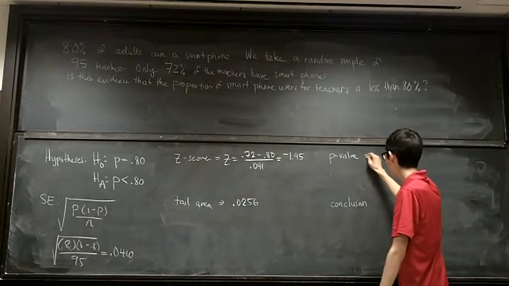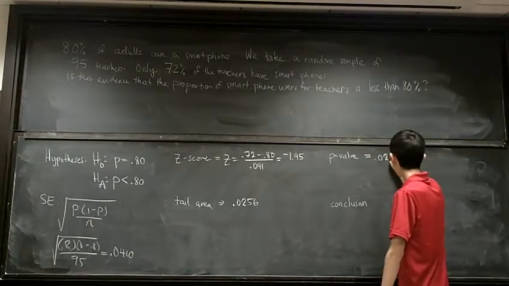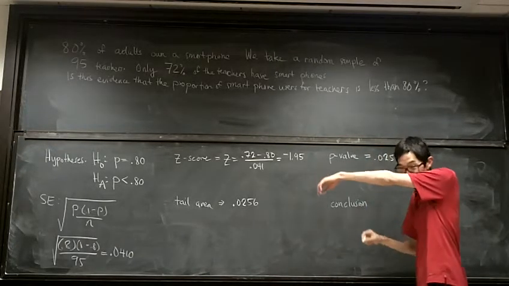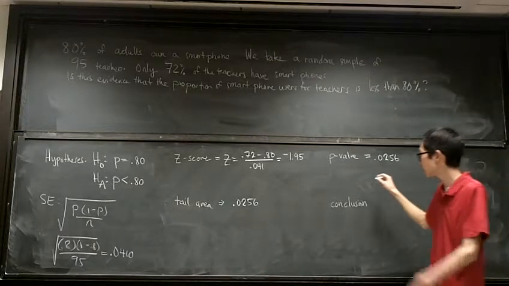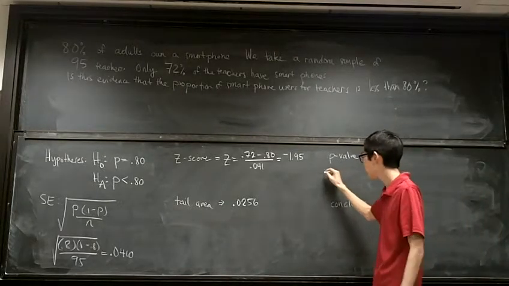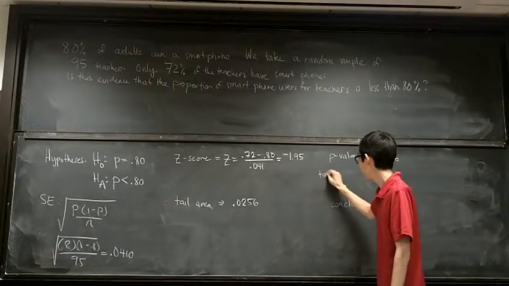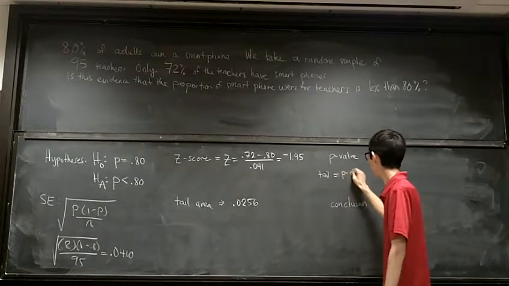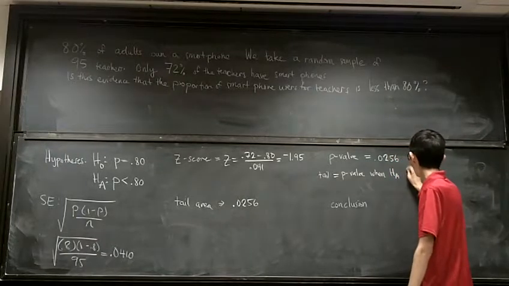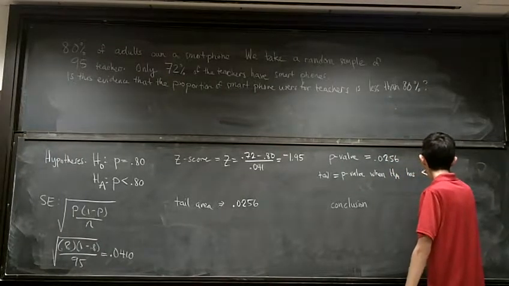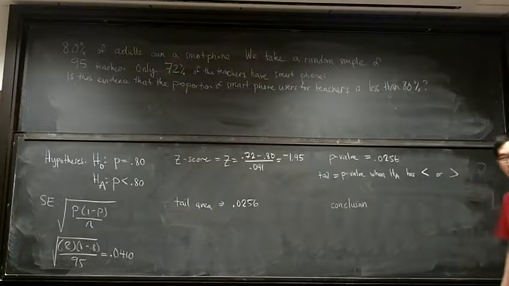So my p-value equals 0.0256. In our case, the tail and the p-value are the same. Tail equals p-value when the alternative has less than or greater than. You only double it when you have a not equal sign.